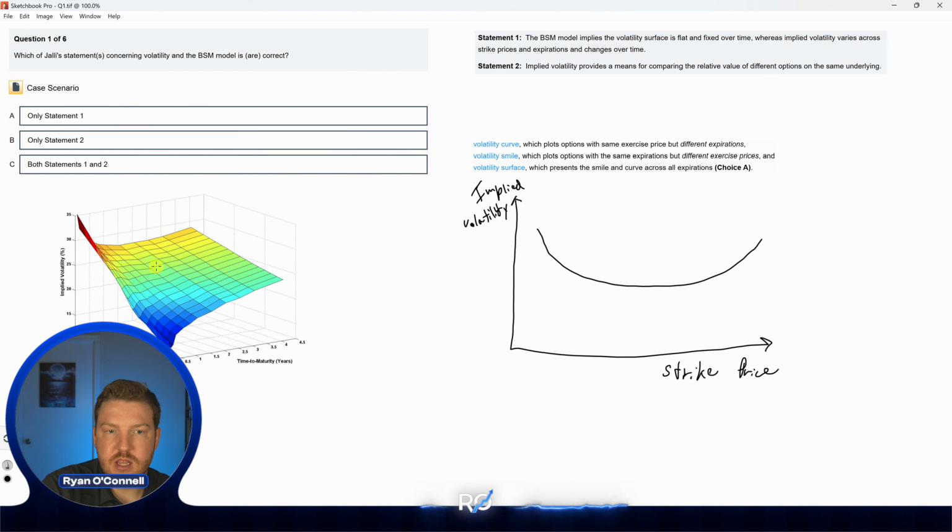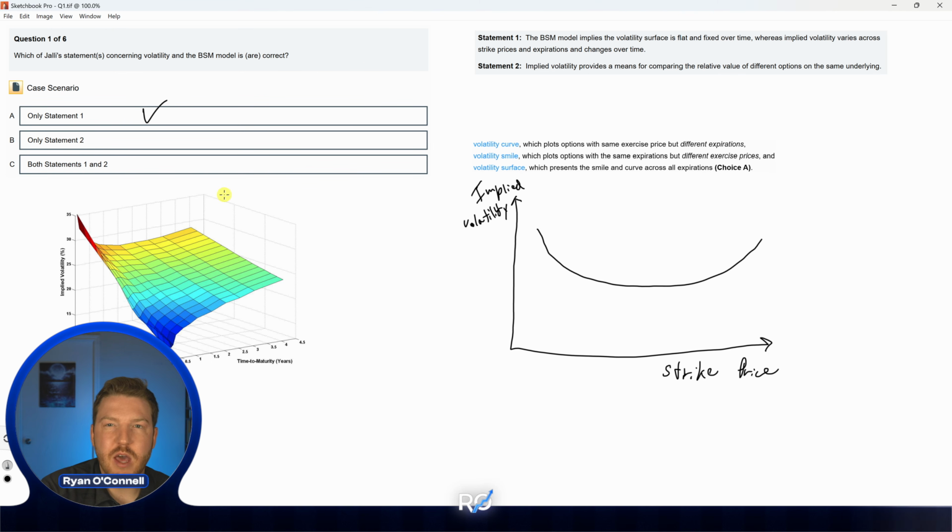Typically this is going to be more reflective of reality, where this volatility surface we're talking about here is not flat. However, the Black-Scholes model is actually going to assume that this is flat. So this statement is correct, that it is assuming a flatness behavior to this. So we can say that statement one is correct.